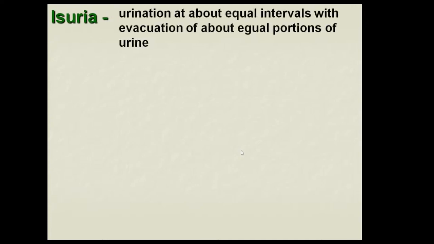Isuria, the next diuretic problem. We are talking about isuria when the patient urinates at about equal intervals with about equal portions of urine. More objectively, we can speak about isuria during a specific examination, the Zimnitsky test, when the patient collects urine in a special container and we can measure its amount.